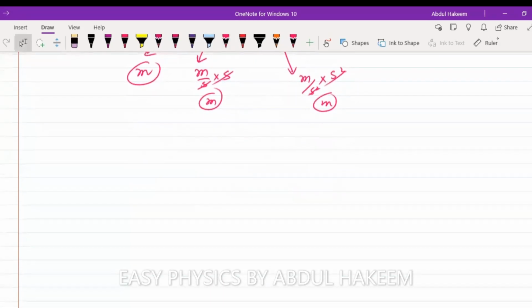And the second use is to find the unit of any unknown physical quantity. For example, if it is written F equals 6 pi eta RV, and it's given F is the force, 6 pi is the number, eta is the viscosity, R is radius, V is the speed.